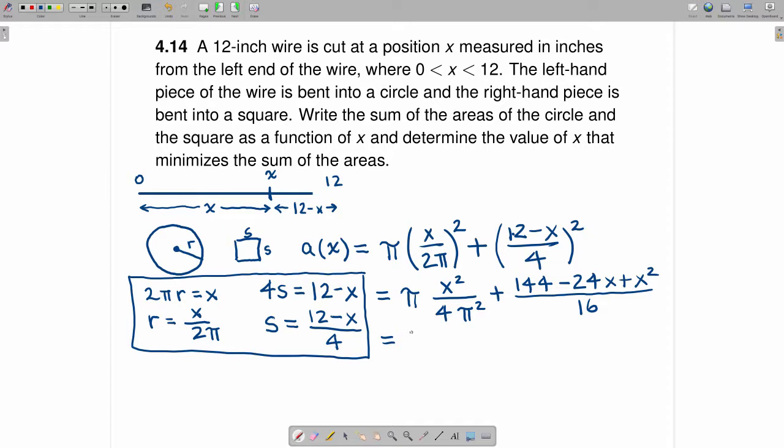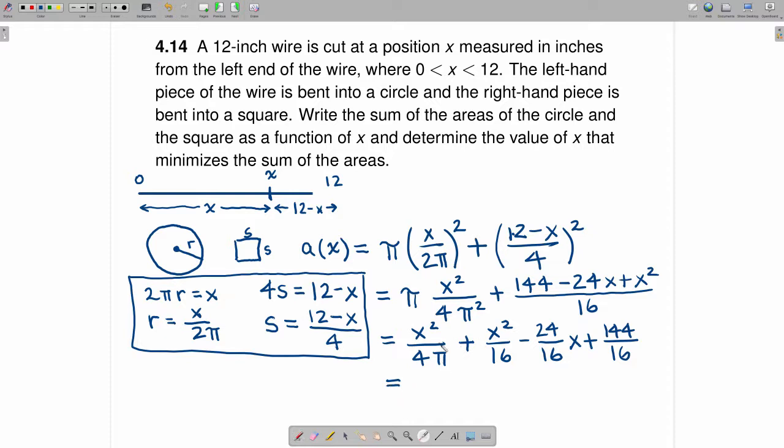So what we have here is x squared divided by 4 pi plus, and for these terms I'll reverse their order because we tend to put the higher order terms first, x squared over 16 minus 24/16 x plus 144 over 16.